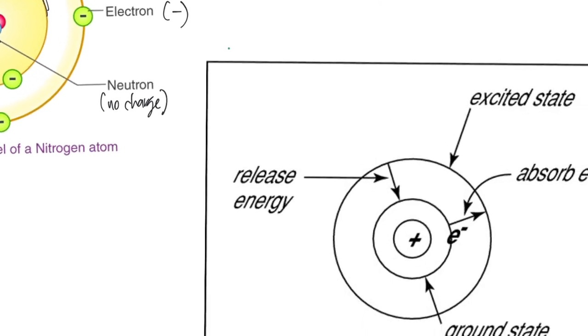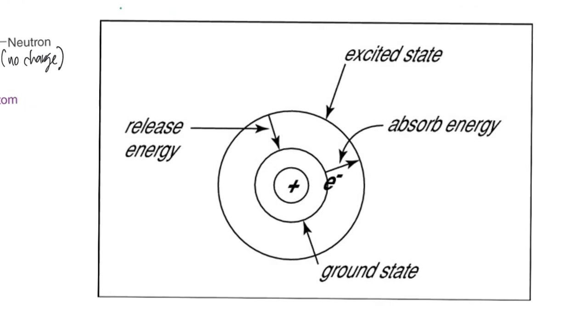So when I'm looking at a Bohr diagram, there are 2 or 3 parts that we've got to look at. The first thing that you need to understand is the little part that I'm highlighting over here, that is called your ground state. Now your ground state is your energy level 1.